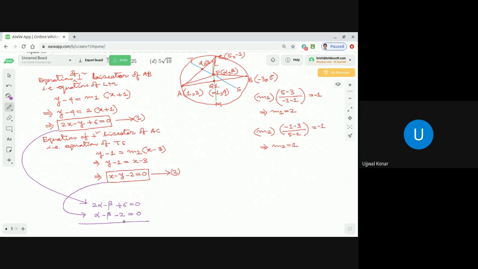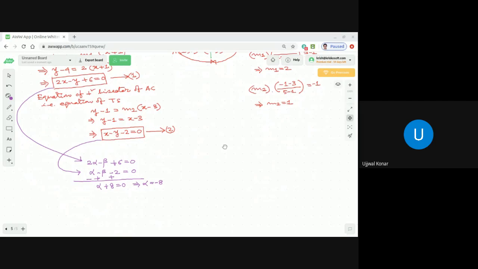Now subtracting, we get 2 alpha minus alpha is alpha. Alpha plus 8 is equal to 0. Hence we get the value of alpha is equal to minus 8. Correct, dear students?